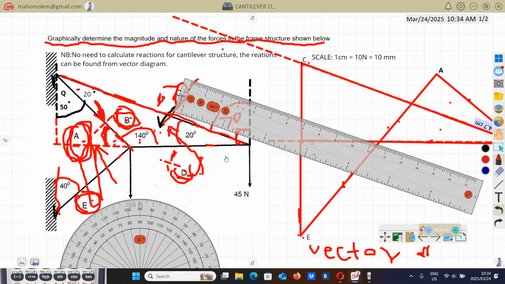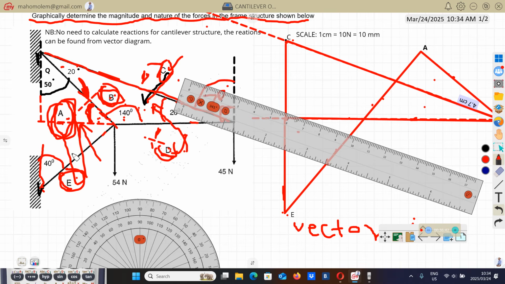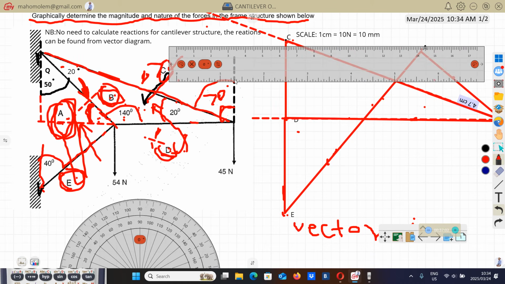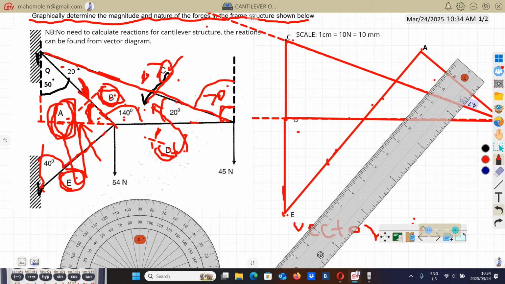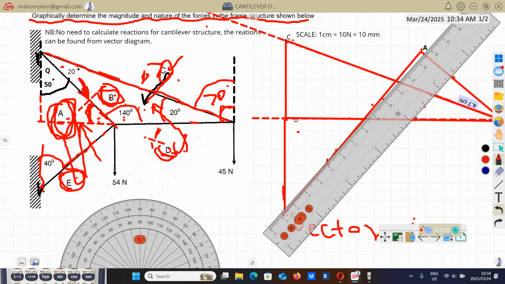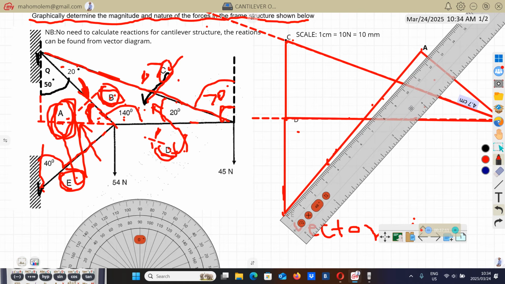If you want to know how much member EA, this member here, we're going to call it EA, will carry, then you just have to measure from E to A. Then you will take your ruler again and turn it. Then measure from here to there.